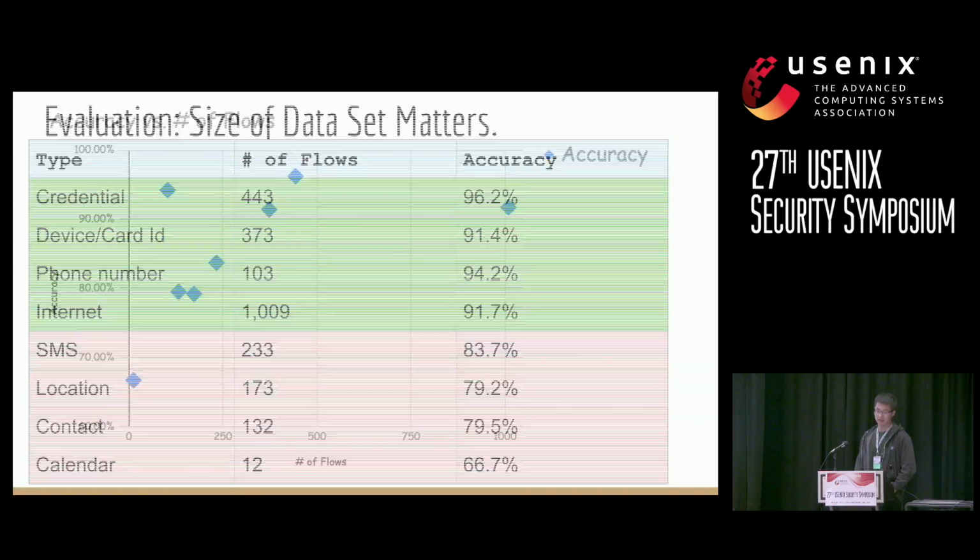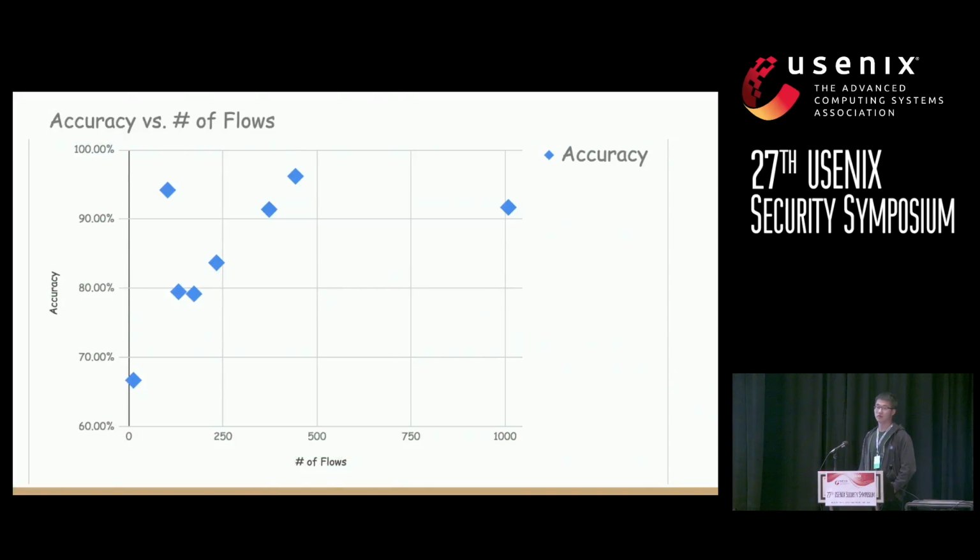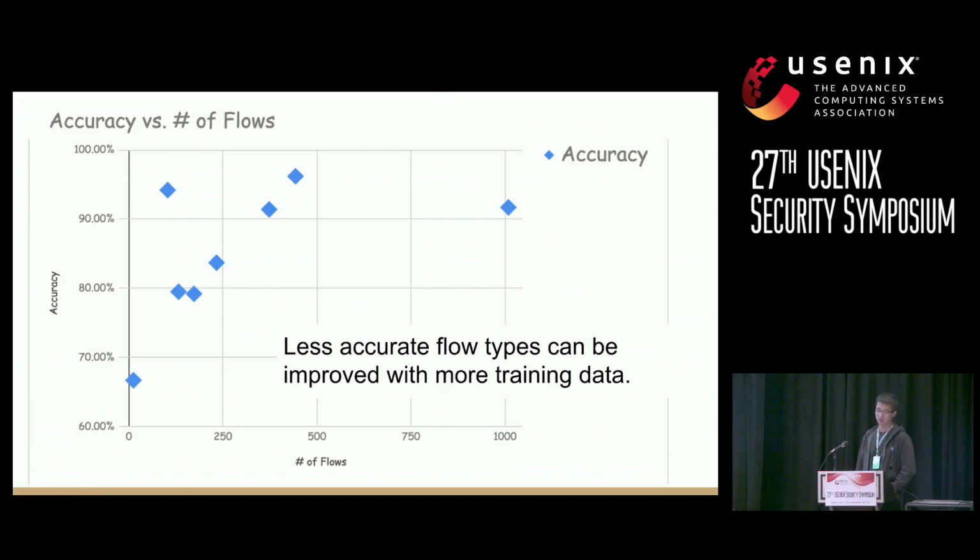After some analysis, we found the root reason should be the size of the data. In this chart, the x-axis is the number of flows and the y-axis is the accuracy. So you can see roughly that as the number of flows increases, the accuracy increases. So it's safe to say that less accurate flow types can still be improved given more training data.